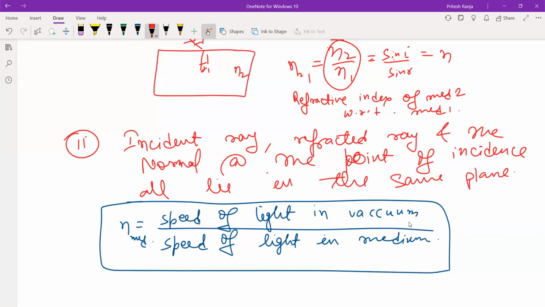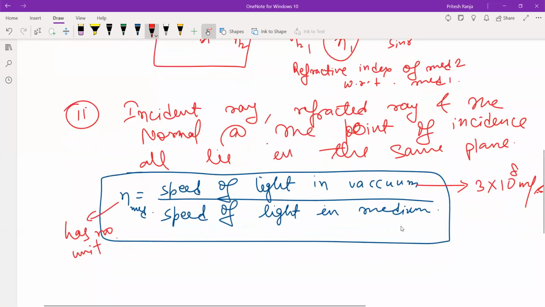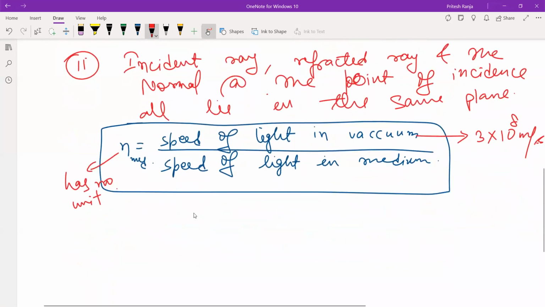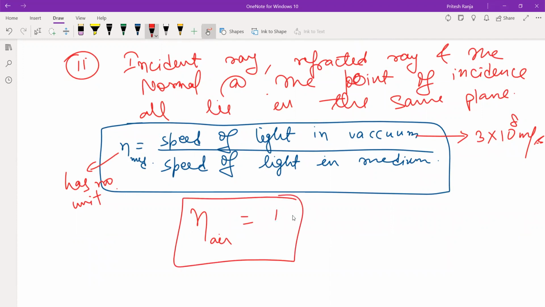And we already know that the speed of light in vacuum is 3 into 10 to power 8 meter per second. So refractive index, it will have no unit because it's just a simple ratio. And the refractive index of air, or let's say refractive index of vacuum, that is approximately equal to 1.